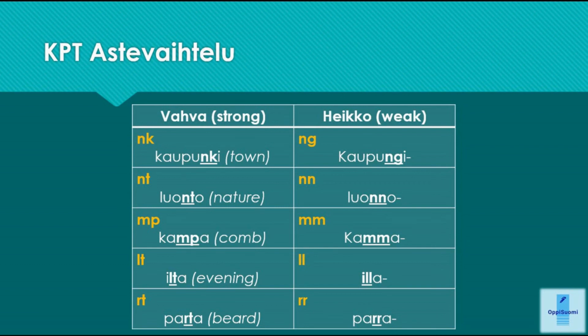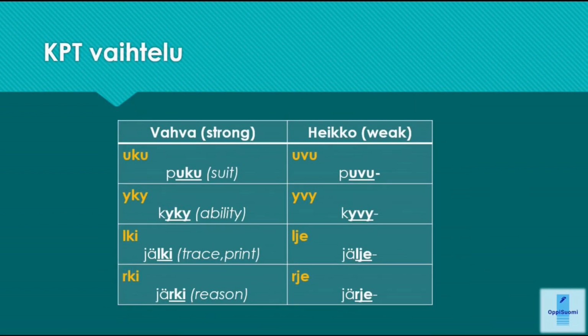So I mentioned more KPT changes, but these examples are used very rarely. So k with u, uku changes into uvu. See the example first. Puku changes into puvun. The k is replaced with v. So next one is yky, yky changes into yvy.